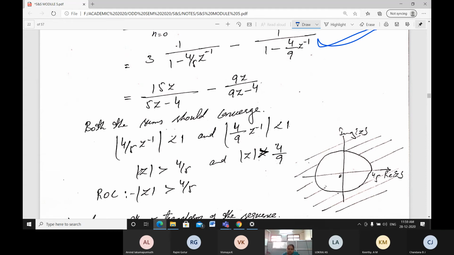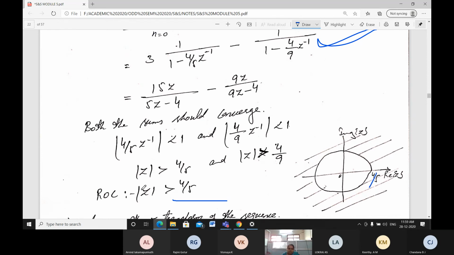In both cases z is greater. From these two values, which one is greater? That you have to check. 4 by 5 is greater compared to 4 by 9; you will be getting smaller fractional values. Okay, then you have to consider 4 by 5. Therefore, our region of convergence is outside the circle having the magnitude of 4 by 5.